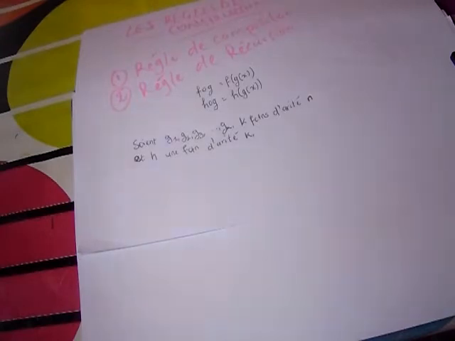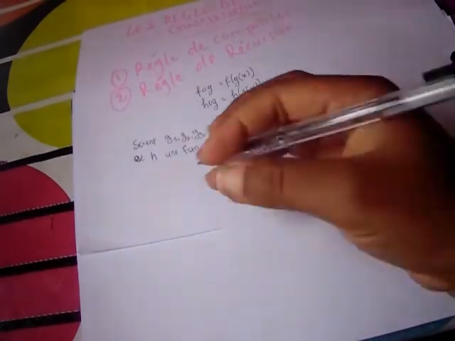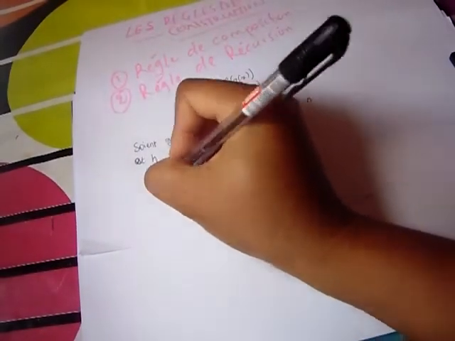Why are we saying k functions? So that's what we're going to break down here. It's basically g1 is a function, g2 is a function, g3 is a function, g4, g5 jusqu'à gk. So we have g1, g2 up to gk. So that's why we say k functions.